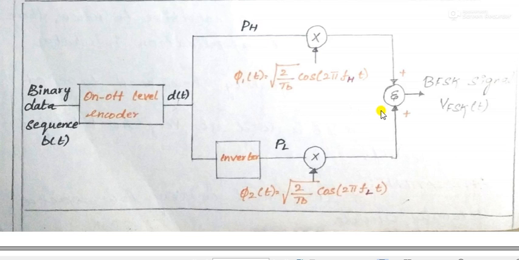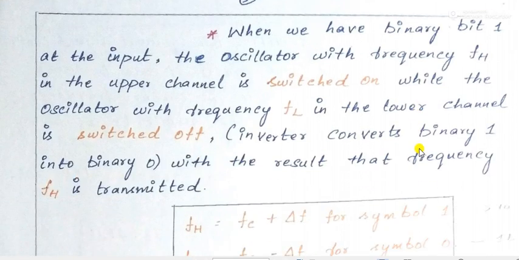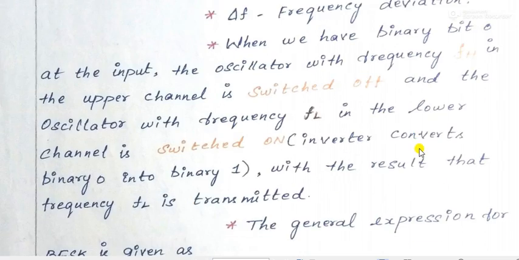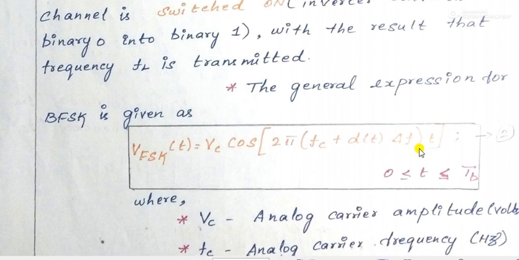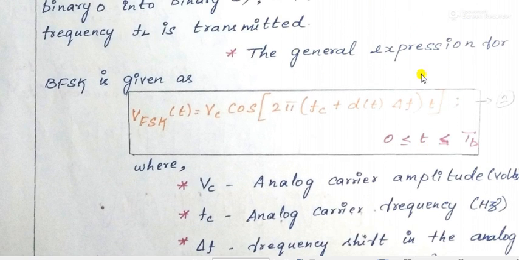The general expression for BFSK is given. I will show you that. This is the general expression for BFSK. So for binary input 1, D of t is equal to plus root EB.